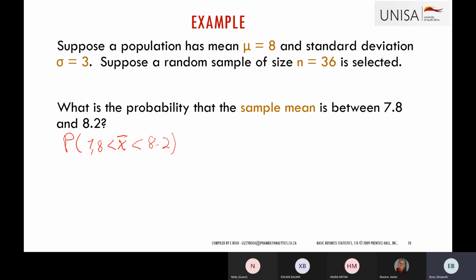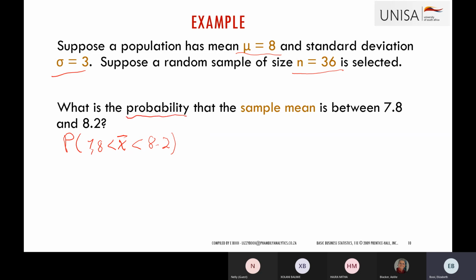What are the facts that are given here? I'm given the population standard deviation, the population mean, and the sample size. The question is asking me to find the probability.